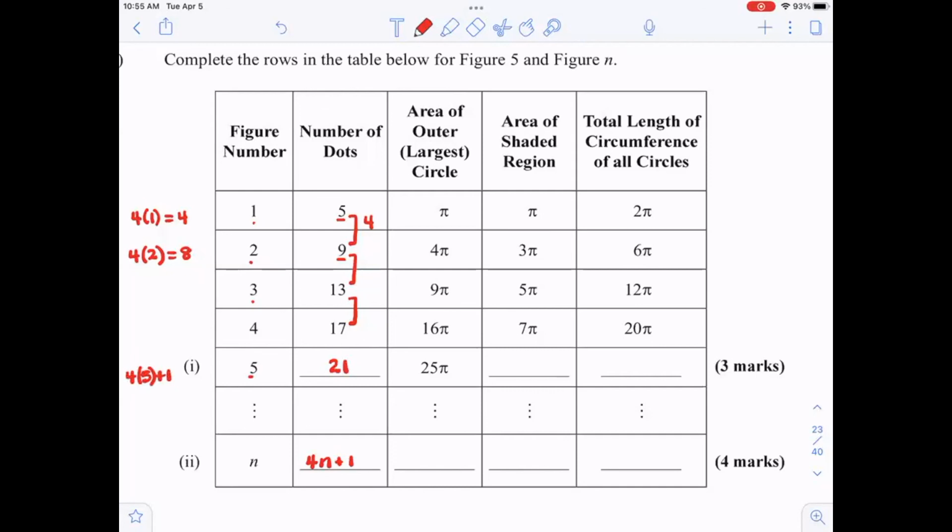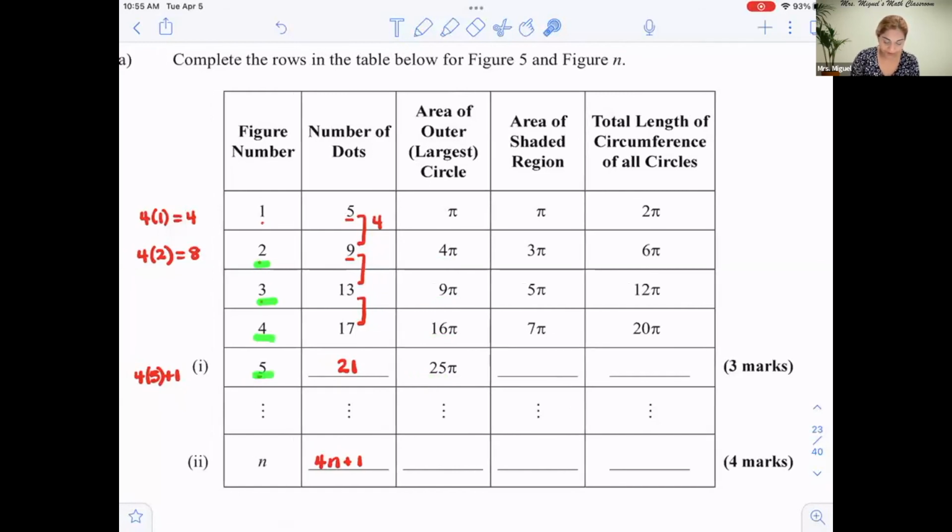Now, let us look at the area of the outer largest circle. There are some numbers in mathematics that you need to know, and those are the square numbers. From the time you spot numbers like 4, 9, 16, 25, and you have 2, 3, 4, 5, automatically you know 2 squared is 4, 3 squared is 9, 4 squared is 16, 5 squared is 25.